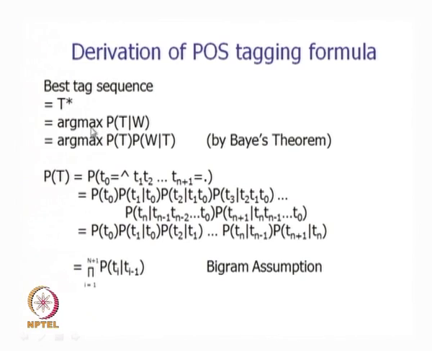T star is found out from argmax of P T given W, where W is the word sequence and T is the tag sequence.